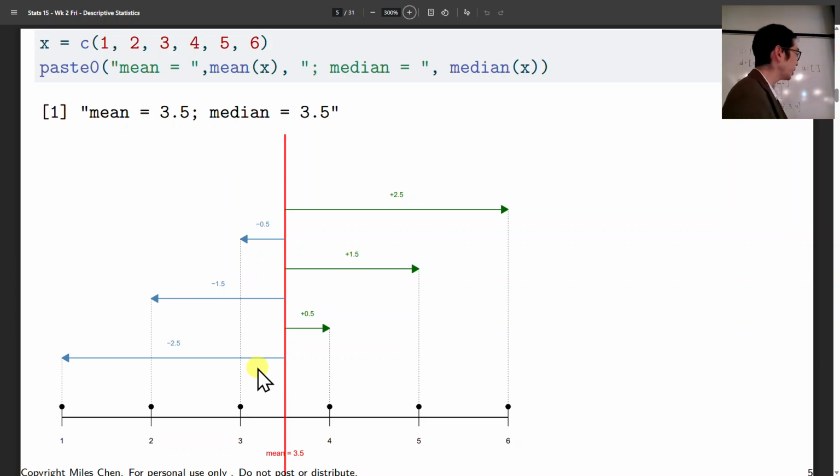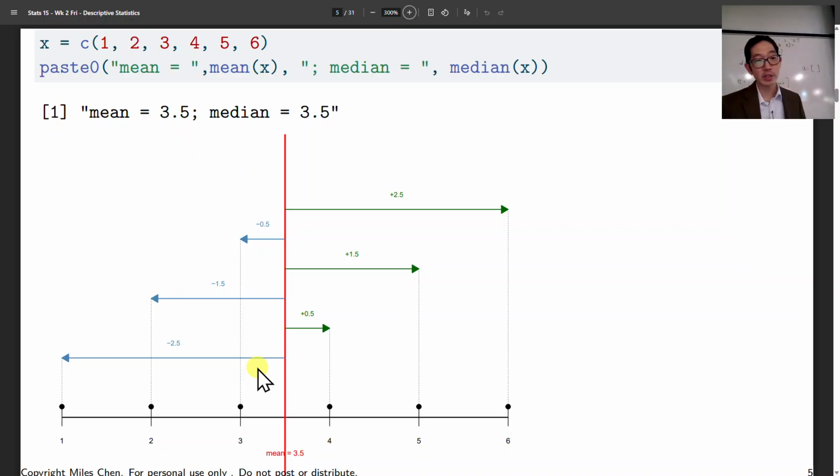So the 1 is 2.5 below the mean of 3.5, okay? So our mean is 3.5, and 1 is 2.5 below that, so it's negative 2.5, okay? 2 is 1.5 below 3.5, and 3 is 0.5 below, okay? 4 is 0.5 above, 5 is 1.5 above, and 6 is 2.5 above.